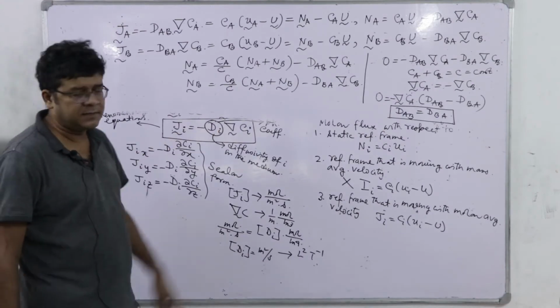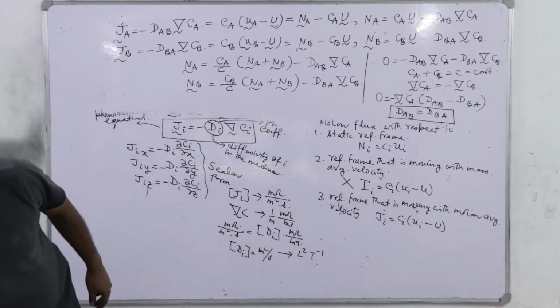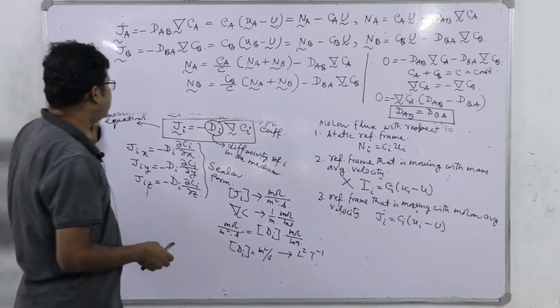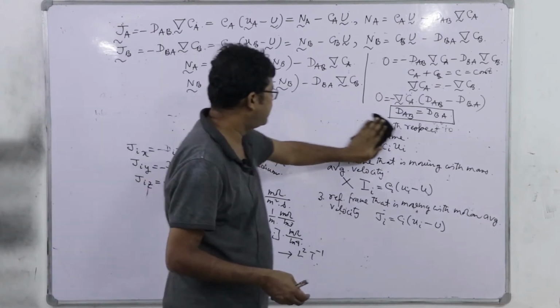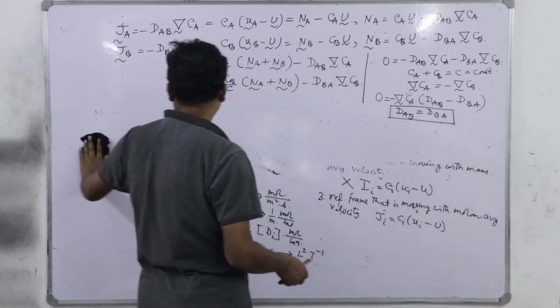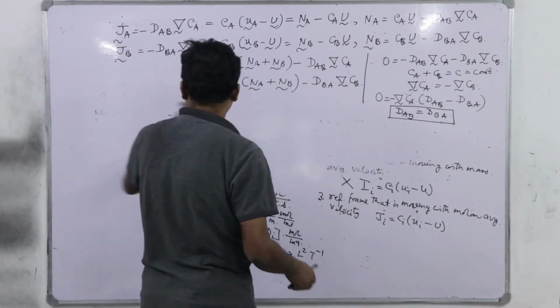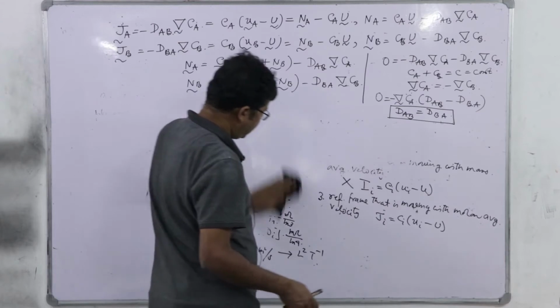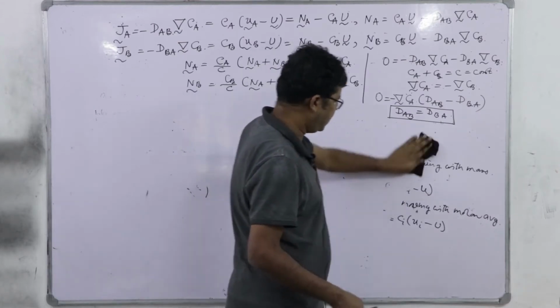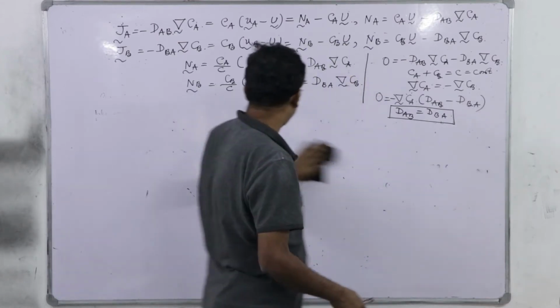Now, if the bulk motion itself is absent, right, if the bulk motion is 0, we have only diffusive transport, then definitely Na is equal to Ja, right.